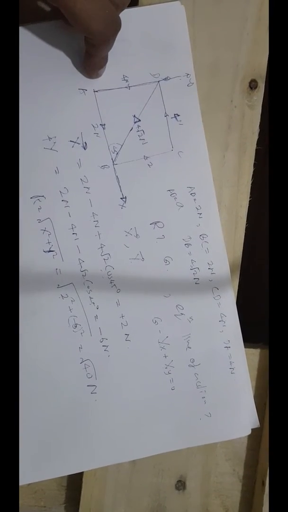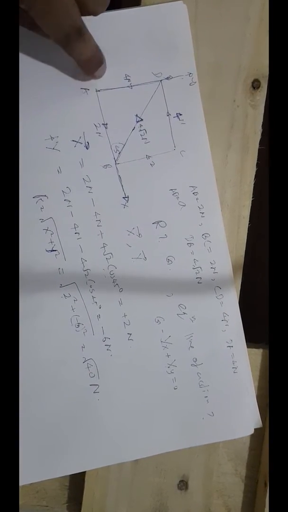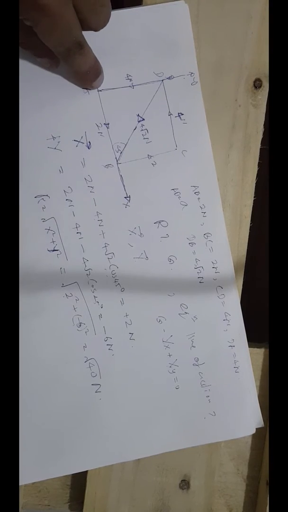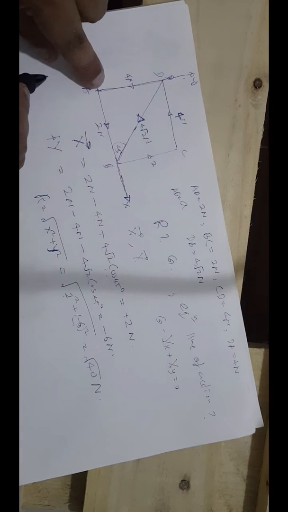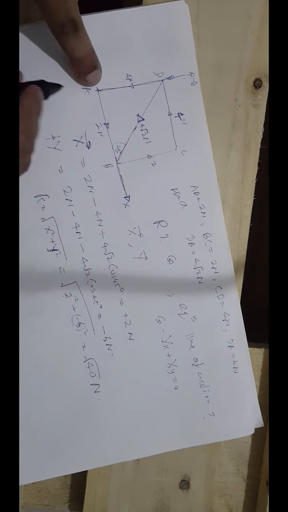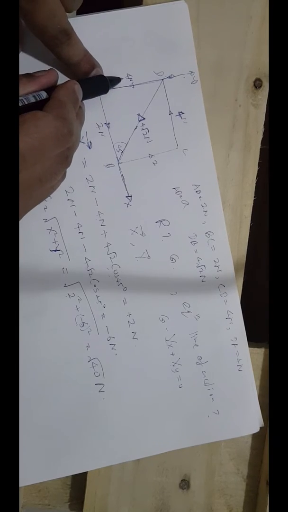What about G? I'm going to find G, taking all the moments about A. I'm going to take A as the origin. So G is equal to, the 2 newtons and 4 newtons passing through A can be excluded.